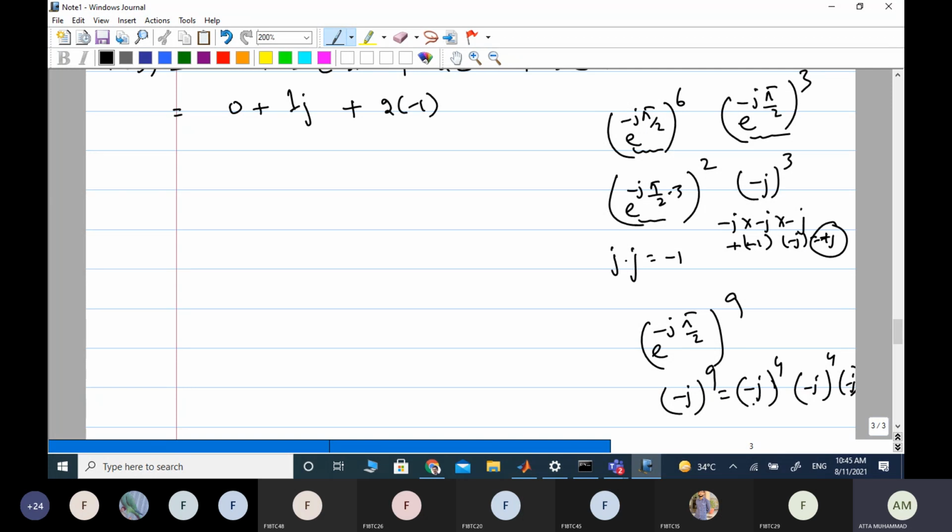So j into j is minus 1, minus into minus is plus. First of all, this minus will result in a plus. Okay, and now let's compute j into j into j into j. This j results in minus 1, this j results in minus 1, and when they are multiplied we get a plus 1. So from here we get a plus 1, from here we get a plus 1, and we are left with minus j.